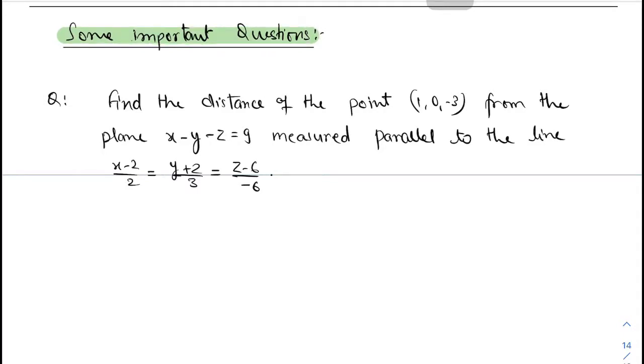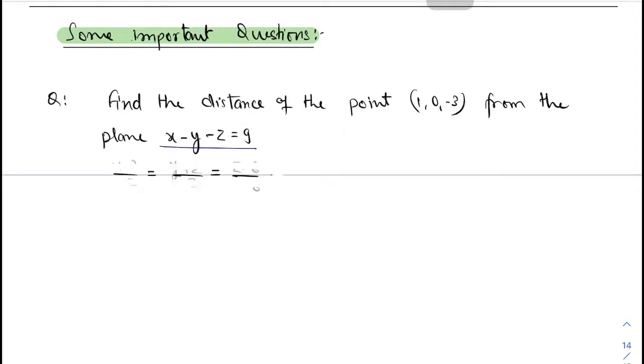The first one is to find the distance of the point 1, 0, minus 3 from the plane given. If this is the only question, find the distance of the point from the plane, then we will consider that distance to be the perpendicular distance.